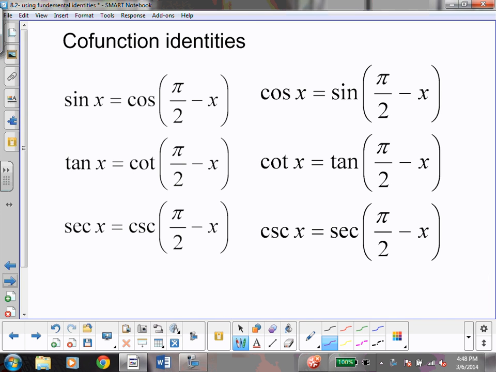These are all the cofunction identities, and it can seem overwhelming, but for the most part, they're all kind of saying the same thing. They come from the graphs. So if we take, for example, a sine graph, this would be our parent function of our sine graph.